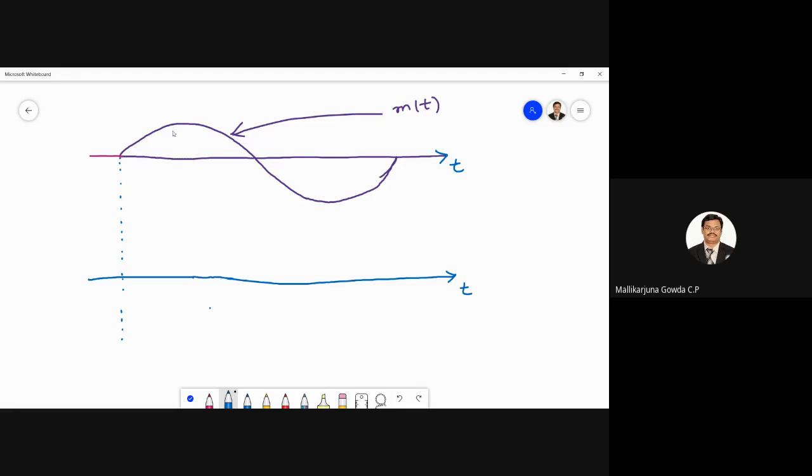See, this is the maximum amplitude of the message signal, right? This portion is the maximum amplitude of the message signal. So at this point of time, what is FM? How do we define FM?